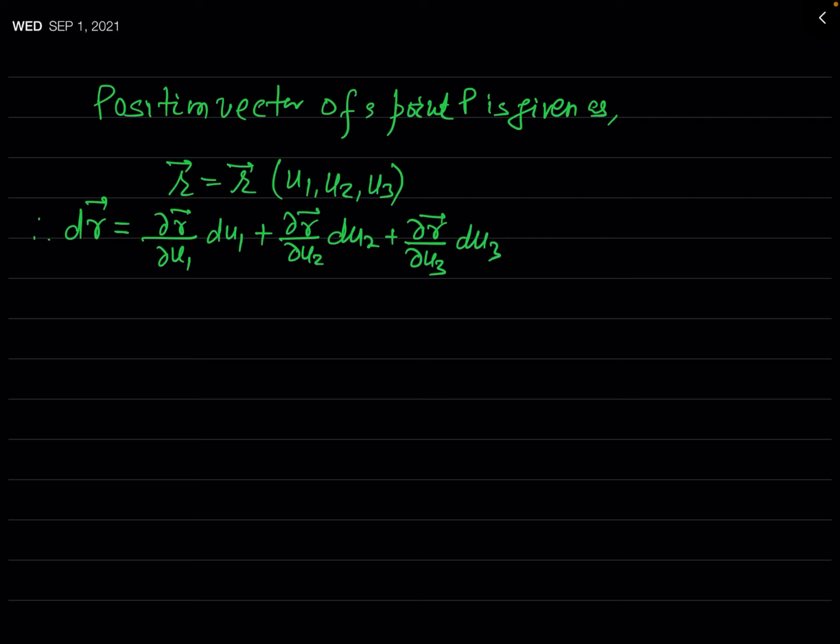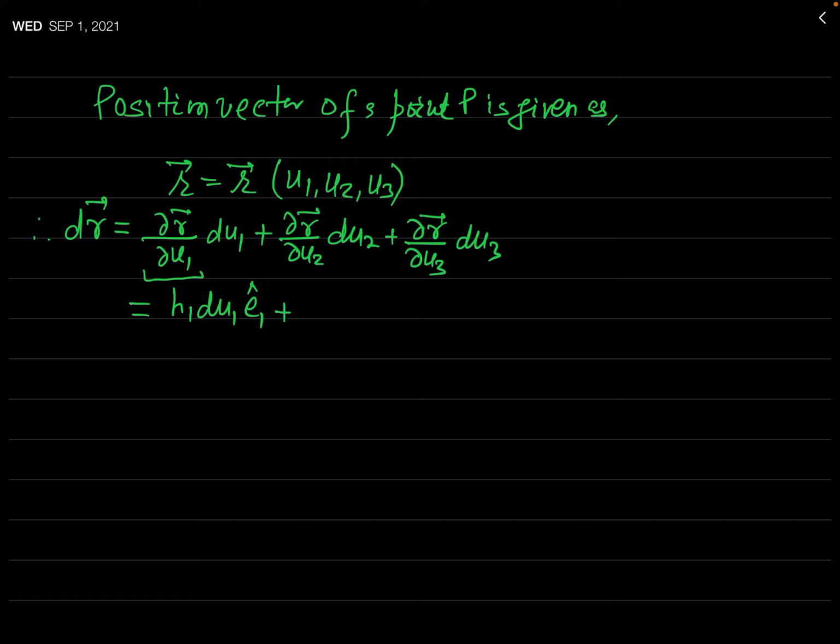Now you have seen in the previous lecture that this vector del r by del u1, which is tangential to the u1 curve, is equal to h1 e1 hat. So this can be written as h1 du1 e1 hat.